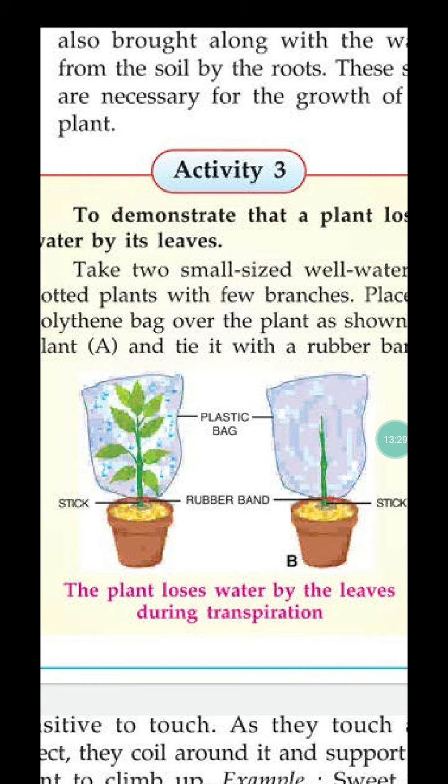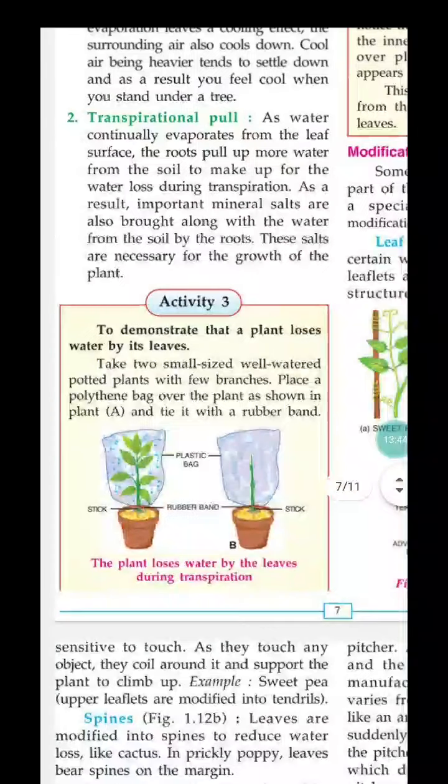If you leave it, after a few hours you will observe that water droplets are present on the polythene cover where leaves are present. By this experiment, we can observe that the transpiration process occurs in leaves.